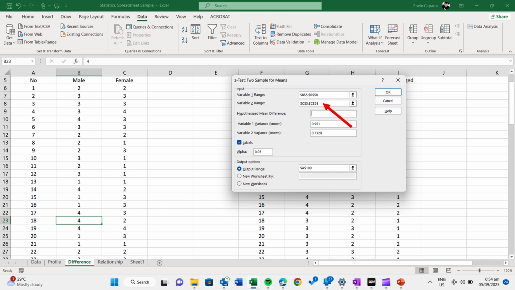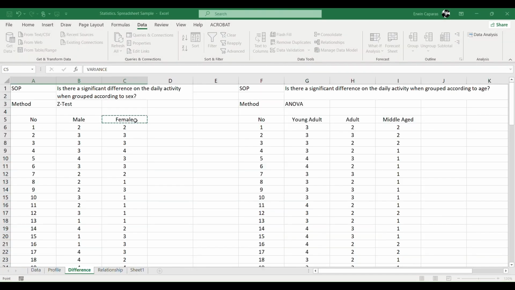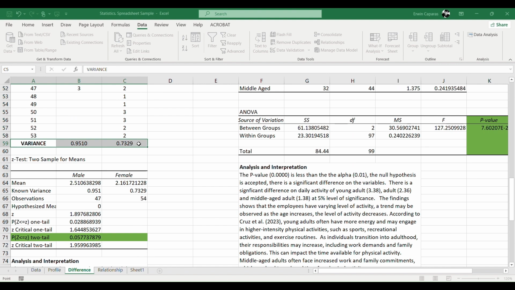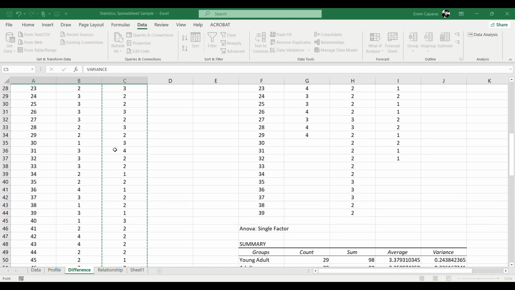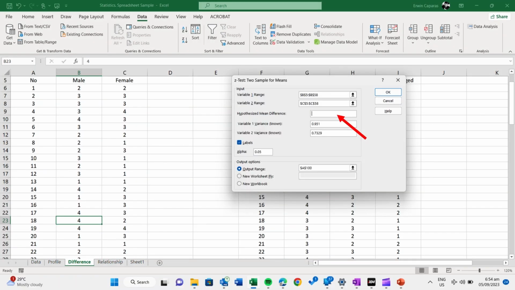And then for variable 2, we do the same for female. Shift and hold until the last data for female. We leave the hypothesized mean difference blank, and then we type in the variance that we have computed a while ago.